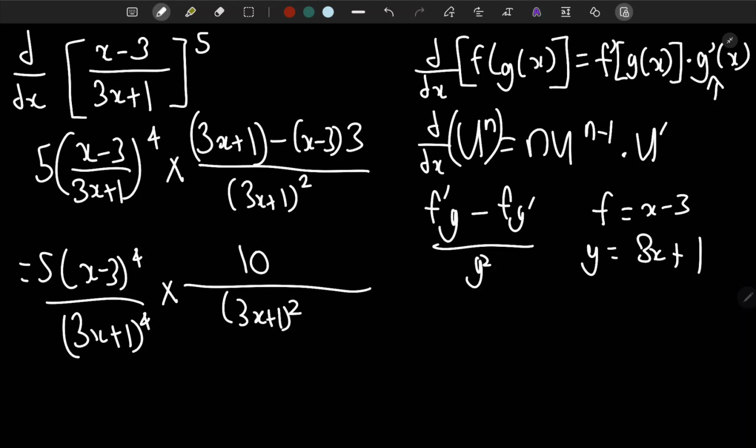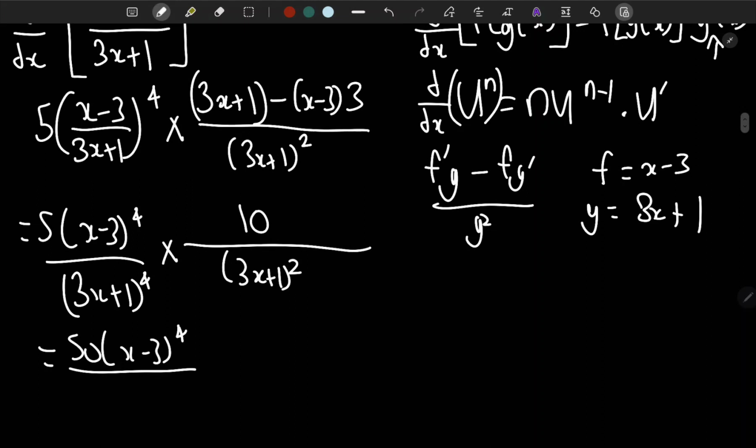And now you can simplify the final answer to be, we can do 5 times 10, which is 50, into (x minus 3) to the power of 4 all over (3x plus 1) to the power of 6. So let me just scroll down a little bit. So it's going to be (3x plus 1) to the power of 6, and this is the final answer.